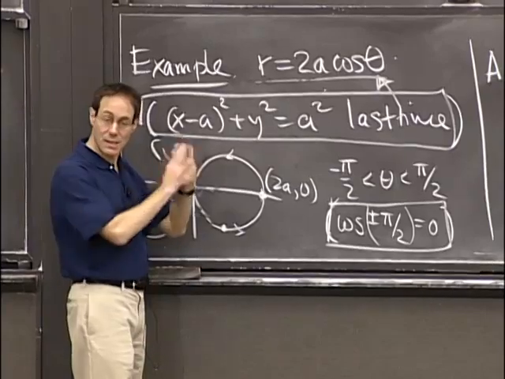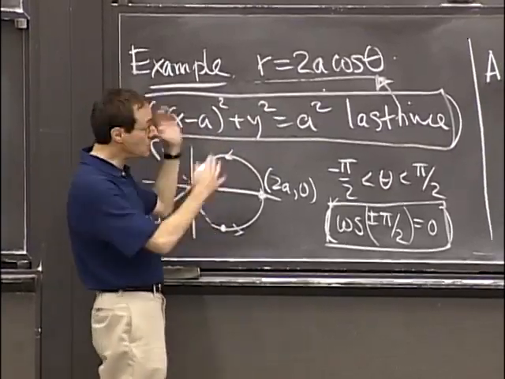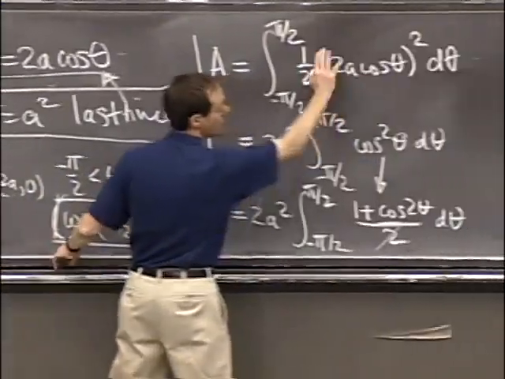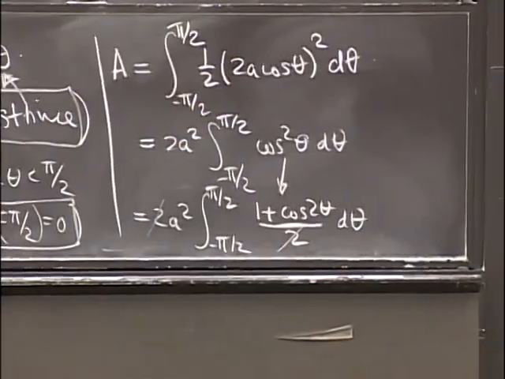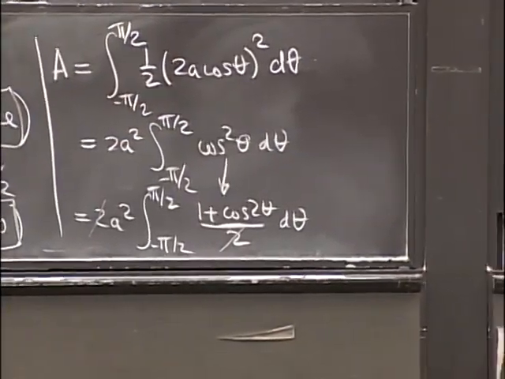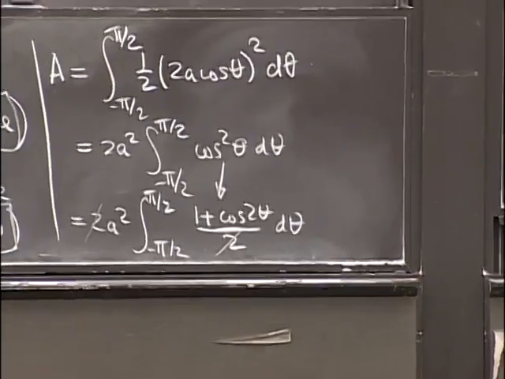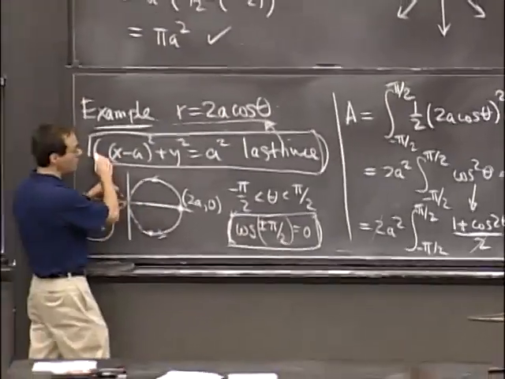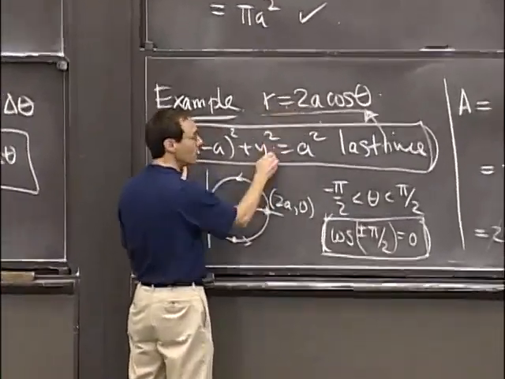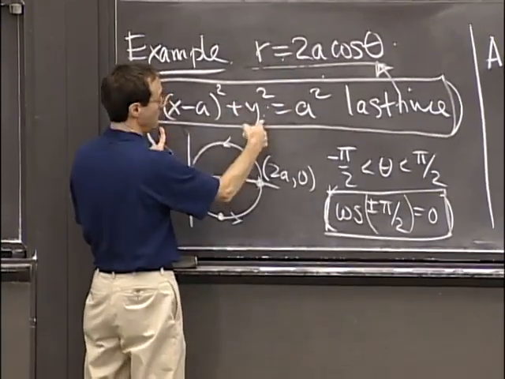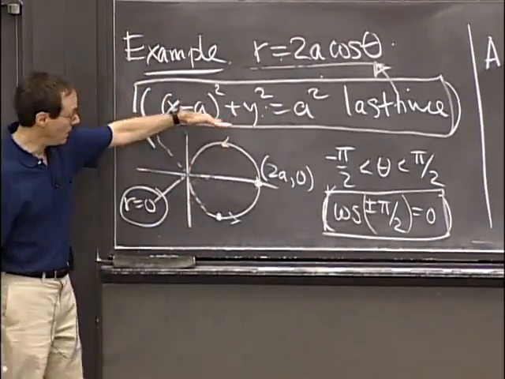All right? So that's the mistake that you'll make. Sometimes you'll count things as negative and positive, but because there's a square here, it's always a positive quantity, and you'll always overcount if you go too far. All right? So that's what happens. Again, it sweeps out the same region. That's because these two equations really are equivalent to each other. It's just that this one sweeps it out twice, and this one doesn't say how it's sweeping it out.